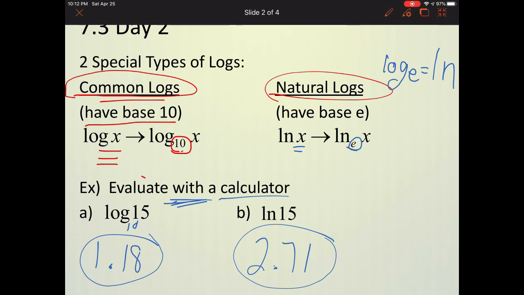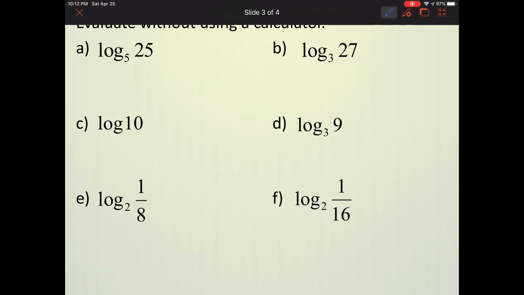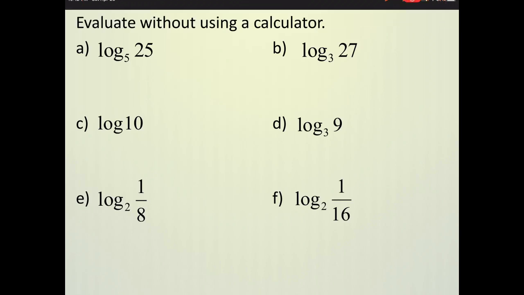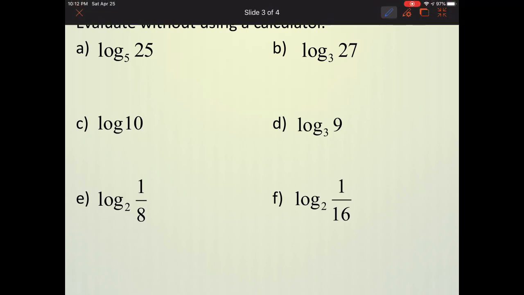But when you don't have a base 10 or a base e, it's a little different. You're going to have to show your work, to evaluate without a calculator. Without a calculator, we have to rewrite these like we did in the first part of the lesson.